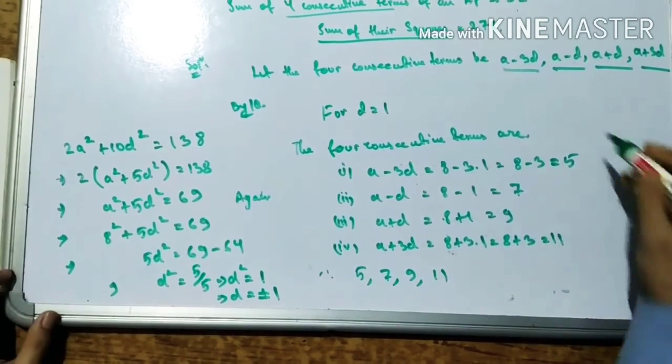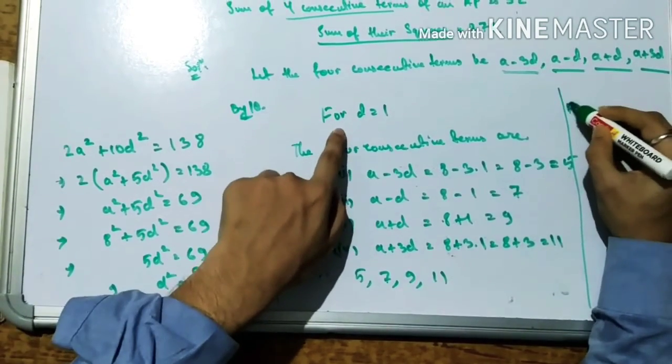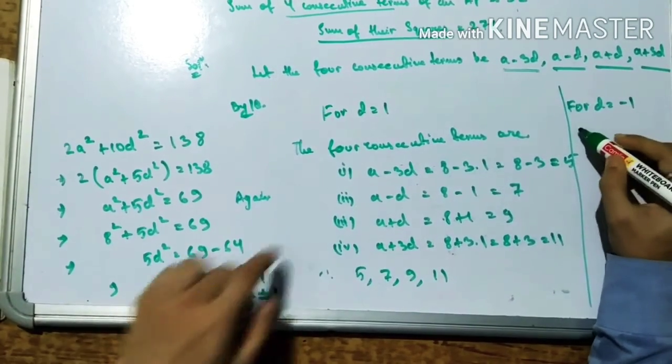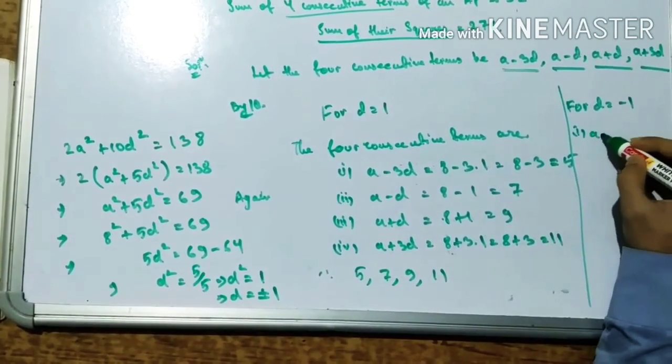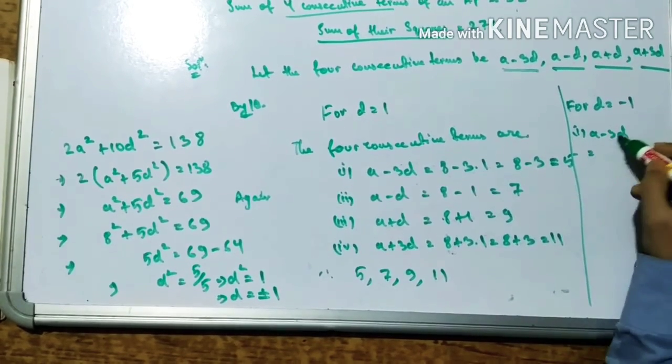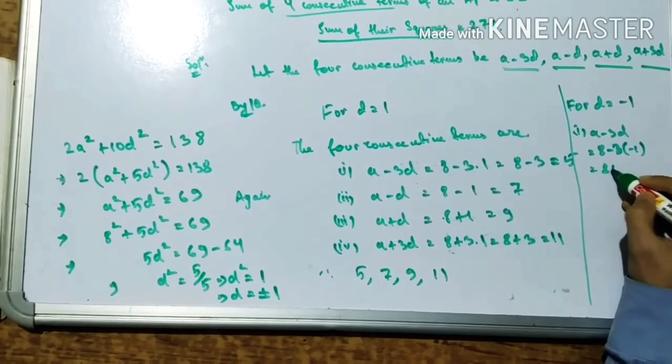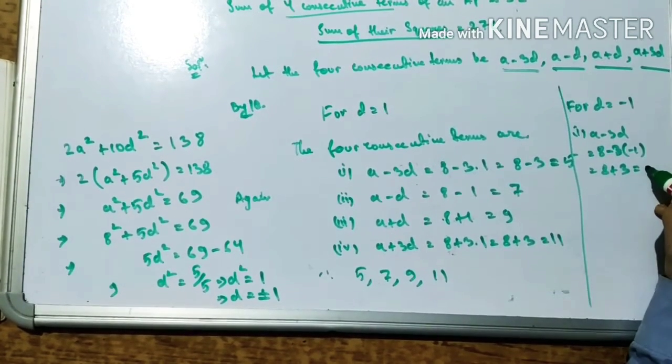Next I will work out d equals negative 1. The 4 consecutive terms will be a minus 3d, 8 minus 3 into minus 1, so 8 plus 3, which is 11.